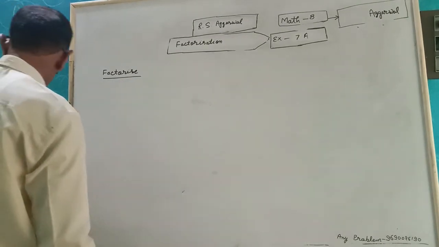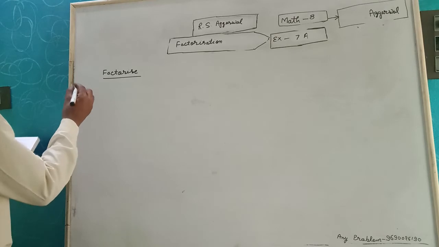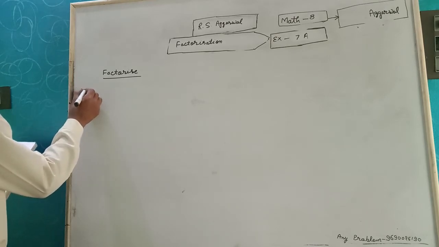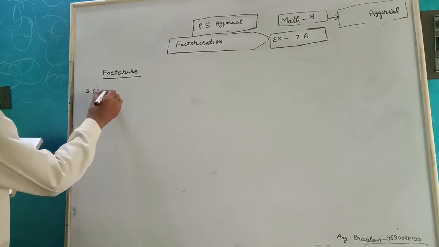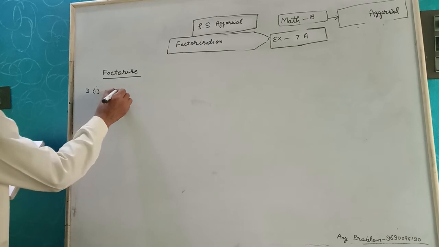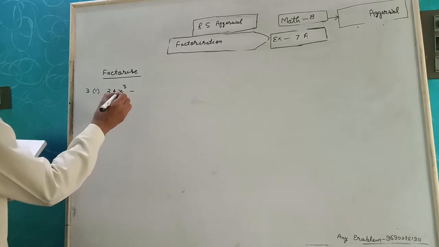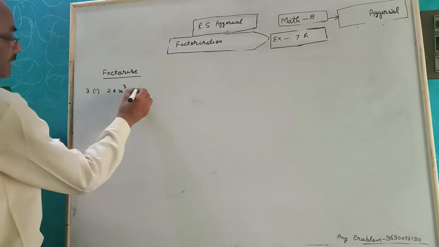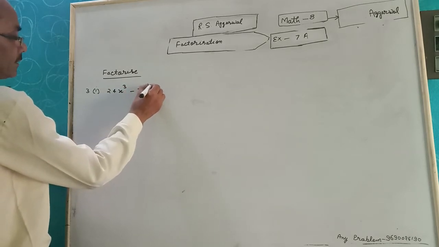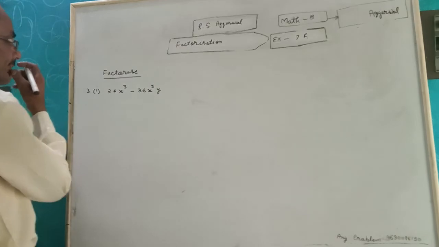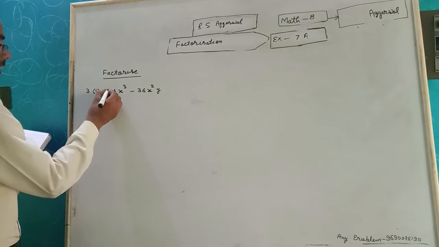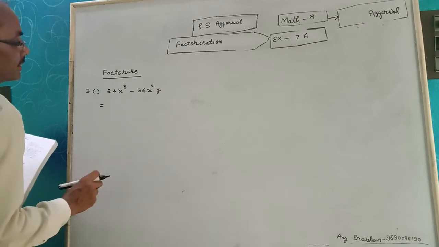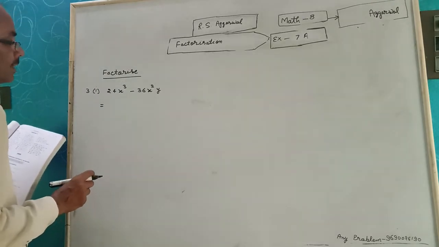Question number 3, first part. First part is 24x cube minus 36x square y. At first you can take the HCF of 24 and 36.